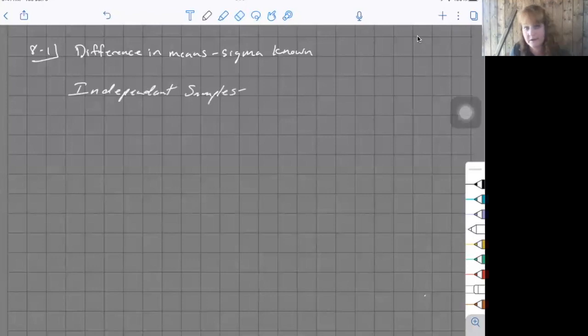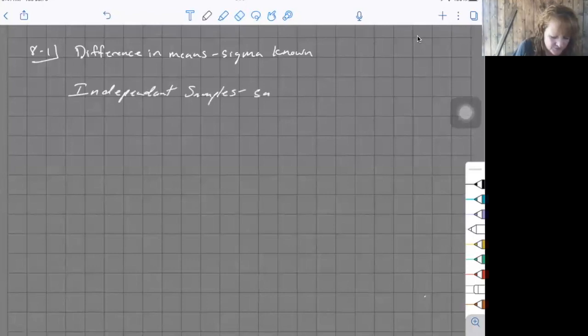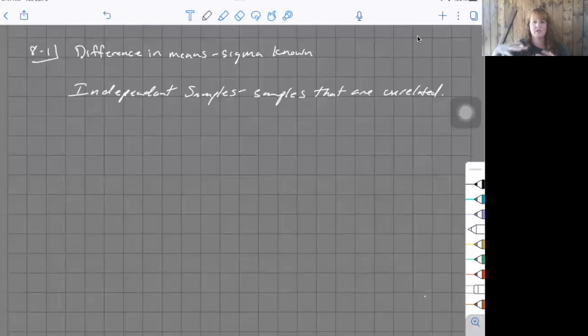These are what you would expect, samples that are unrelated. Okay. So I'm just going to go in, we're testing what's the average height at our college, and I'm just going to pull a random sample here, and then I'm going to pull a different random sample here. They're not related in any way.